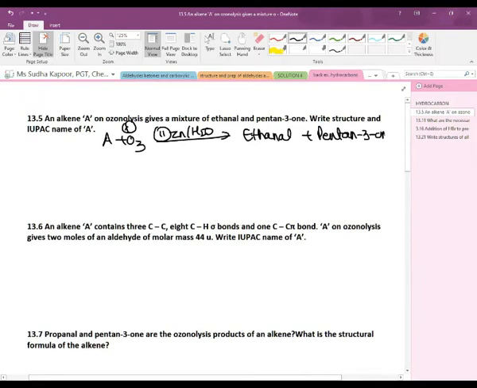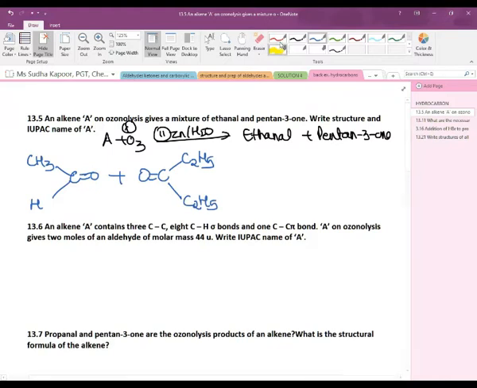So a very simple way to represent the formation of the products is to draw both the carbonyl compounds. One is ethanal, that is C double bond O, with CH3 and H. Then the other is pentan-3-one, so there are going to be 2 carbons, C2H5, on both sides.